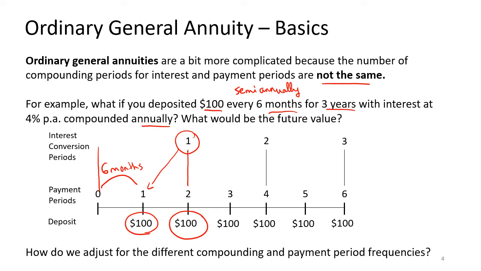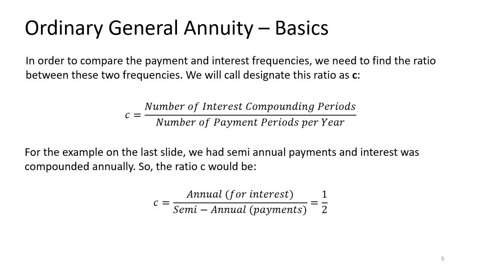All right? So how we do that is we look at the ratio. What is the ratio of the number of interest compounding periods and the number of payment periods? We call that ratio C. It doesn't actually mean any specific item, it's just the letter C. Like I said, that's a ratio. Remember, that's from our third unit from the previous course.